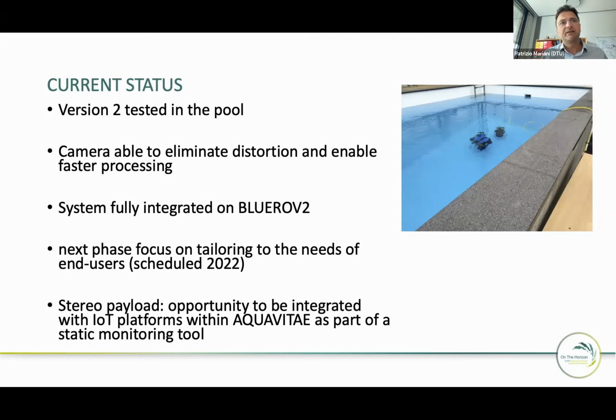We have done the integration on the ROV, but it can also be used as a standalone solution. It basically requires a Raspberry Pi to work with. And we aim to have this integration on a Raspberry Pi and maybe some Internet of Things type of communication to see if we can have them deployed and have efficient data transmission on land.